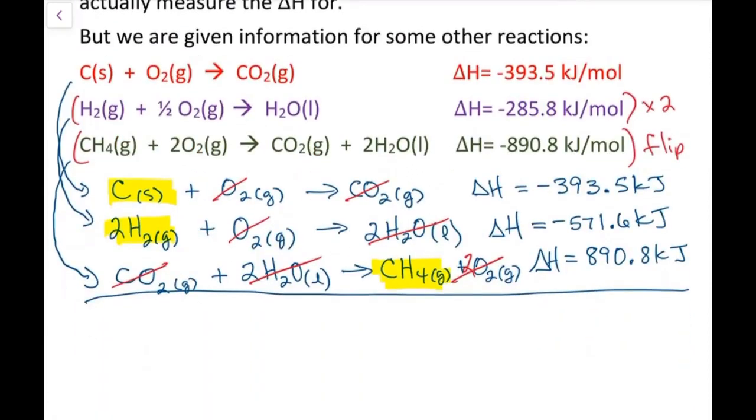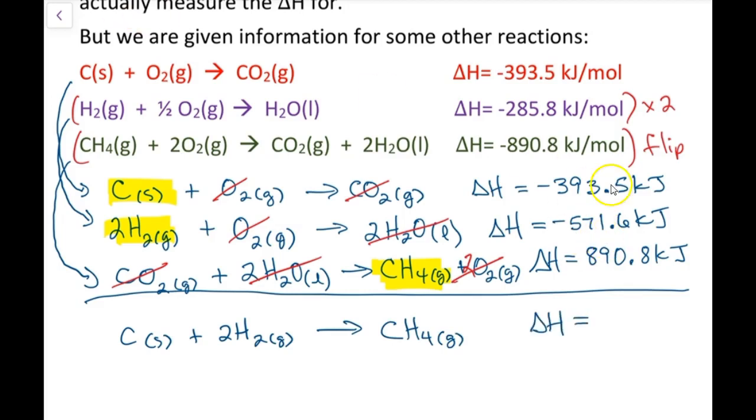So I'm going to go ahead and carry the stuff down. Carbon solid plus 2H2 gas yields CH4 gas. And then my delta H's, I just add them up. So I have negative 393.5 plus negative 571.6 plus a positive 890.8.